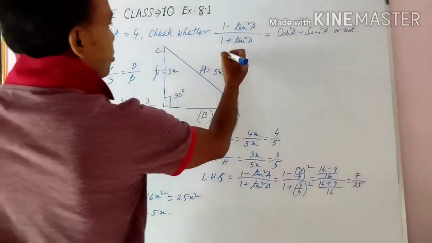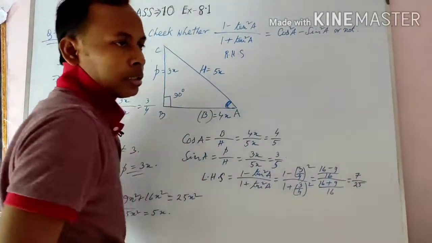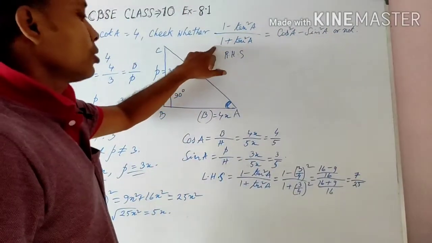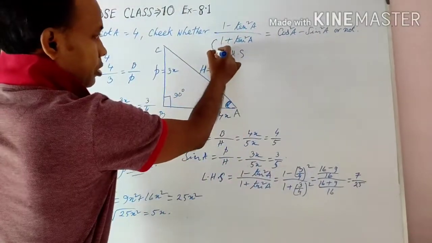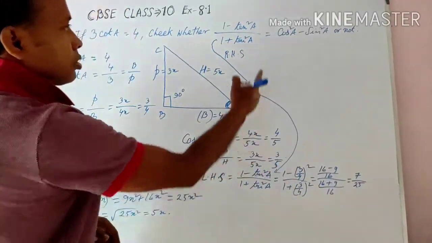So what is the value of the right hand side? This is your left hand side, and this is your right hand side.